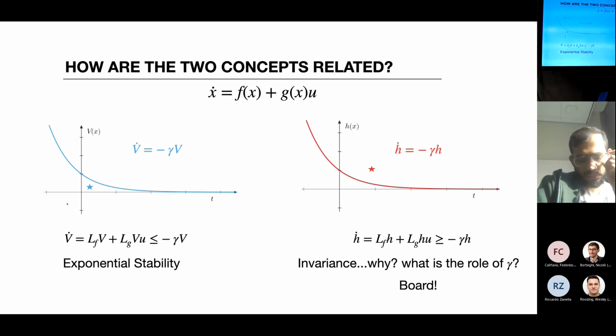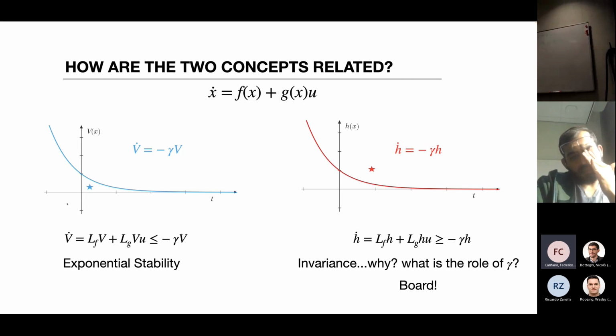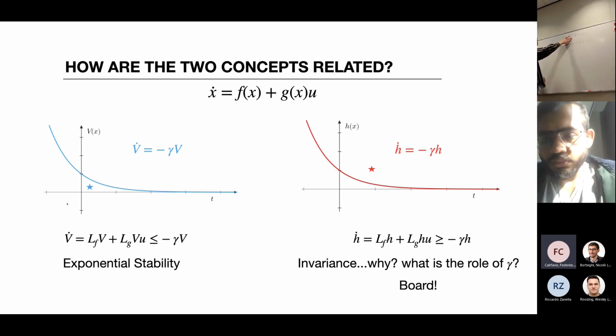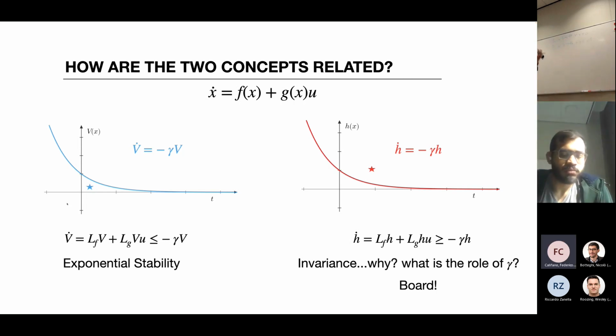Now, let's go to the board. So I want to convince you that this exponential version is the stronger version of the asymptotic one. This is easy to understand, no? Because if gamma is equal to 0, then we end up in the V dot less than 0. And that's exactly what happens.